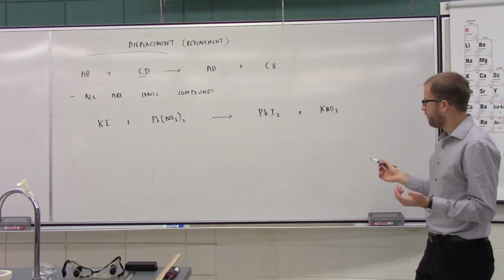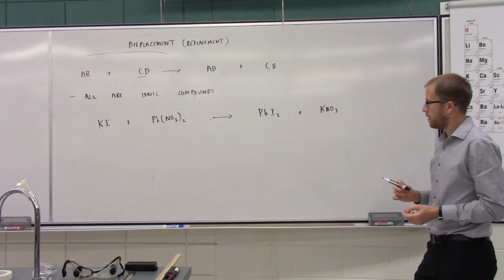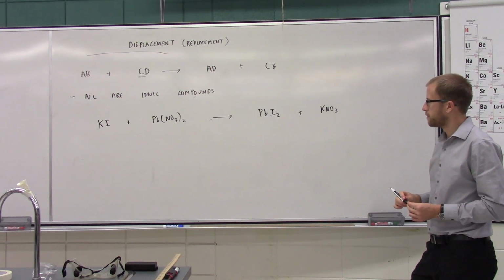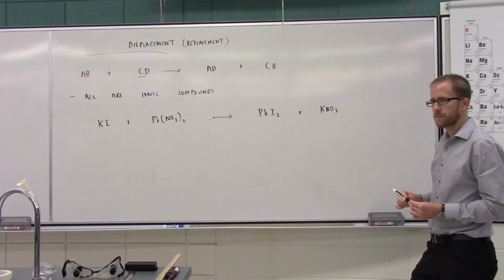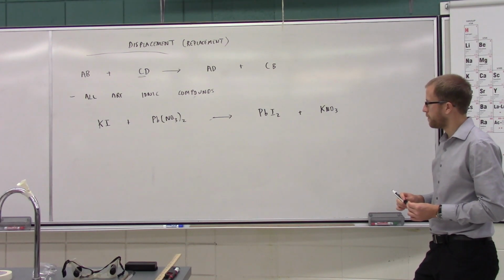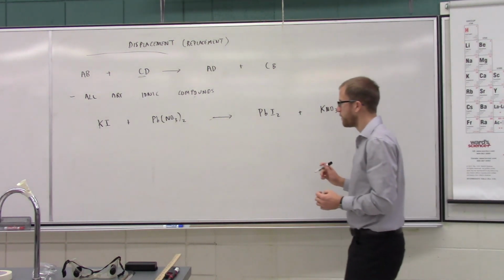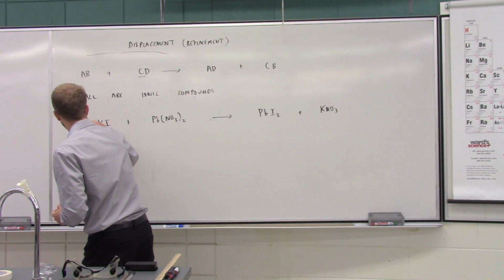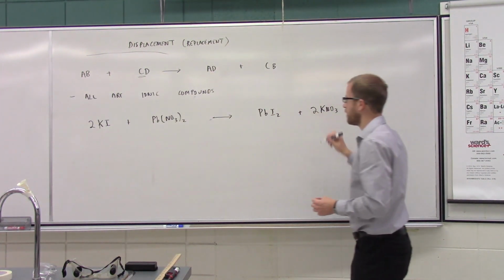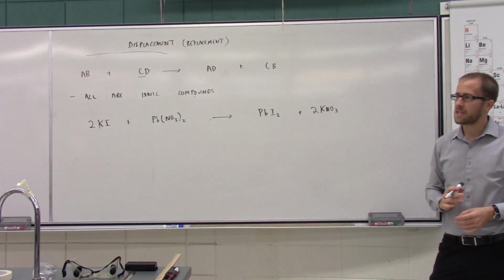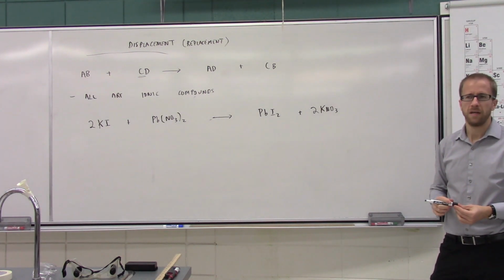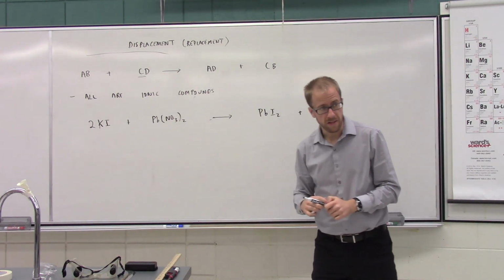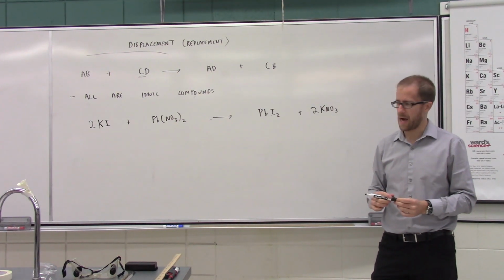Which is fairly easy for the most part to balance. How do you balance this one out? Yep. You put a 2 in front of both potassium ones. Put a 2 here, and you put a 2 here to balance it out. Now, sometimes it may be a little harder to balance. Traditionally, the hardest problems to balance on your unit test will probably be double displacement reactions.